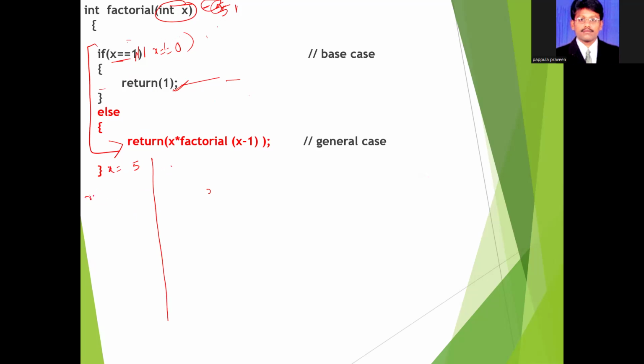Return x into, which means 5 into factorial of 5 minus 1. 5 minus 1 means now x value equal to 4, right? Return 4 into factorial of 4 minus 1.